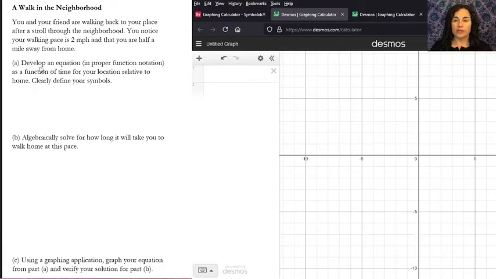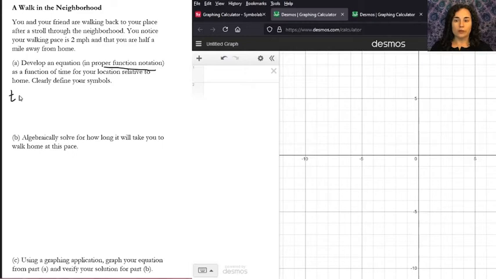The question asks, develop an equation in proper function notation as a function of time for your location relative to home. Clearly define your symbols. Okay, so we want an equation in proper function notation, and we need to define our symbols here. And it says we want a location as a function of time.